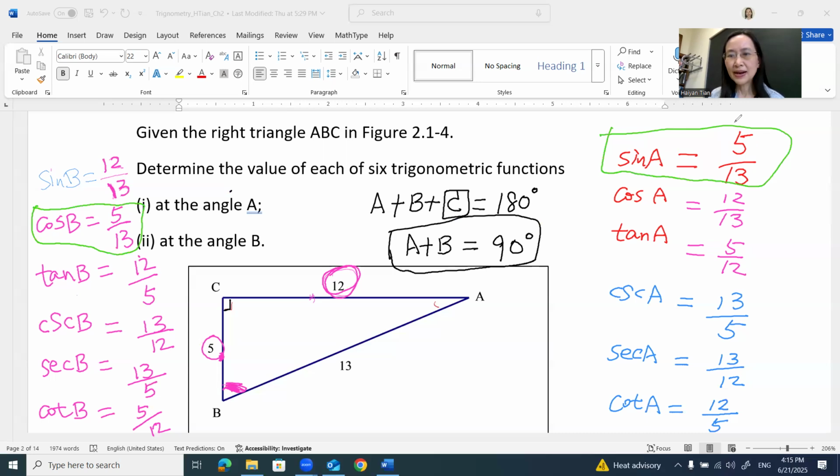You see the side opposite to A is the side adjacent to B. So now we can look at another value, another pair. So another pair, let's look at cosine. Cosine A is equal to sine B.